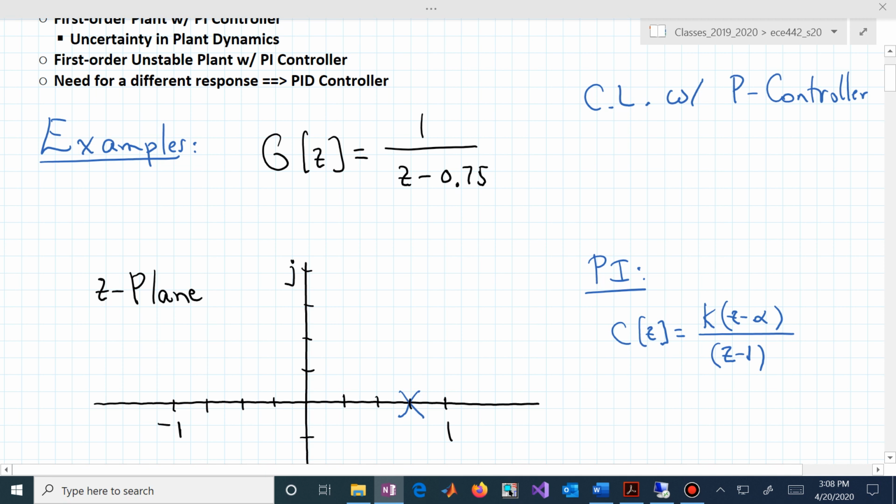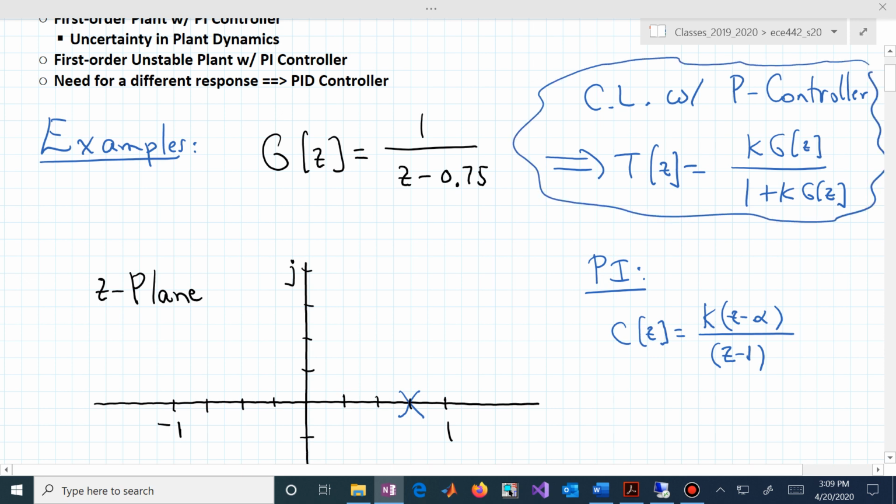With a P controller in the closed loop setting, our controller is in cascade with the plant, in a negative unity output feedback configuration. We could now have K G of Z over 1 plus K G of Z.